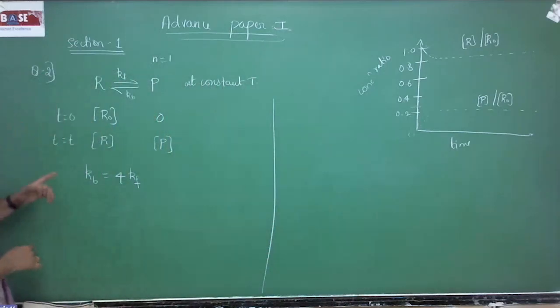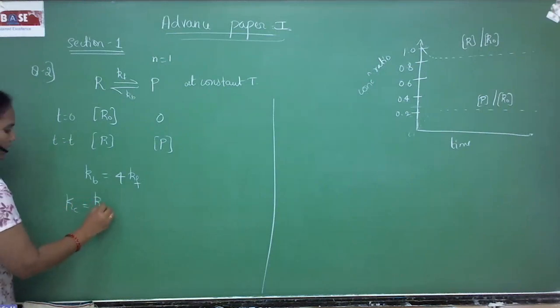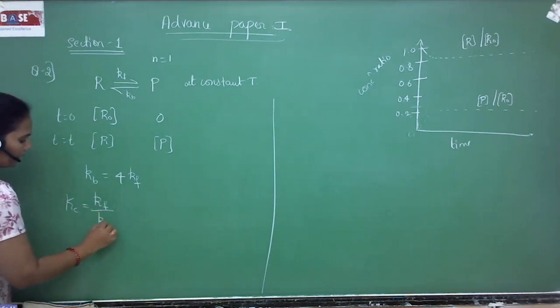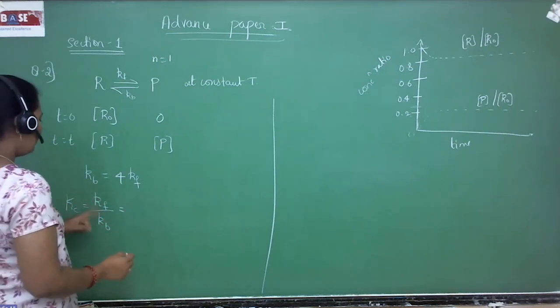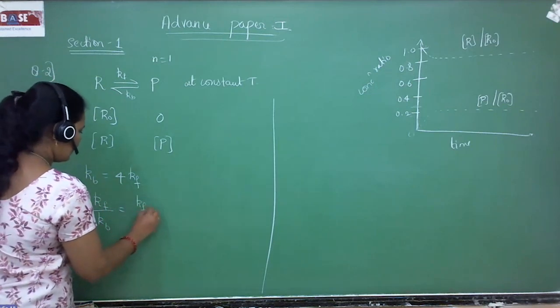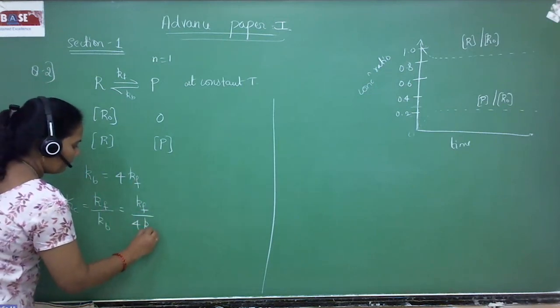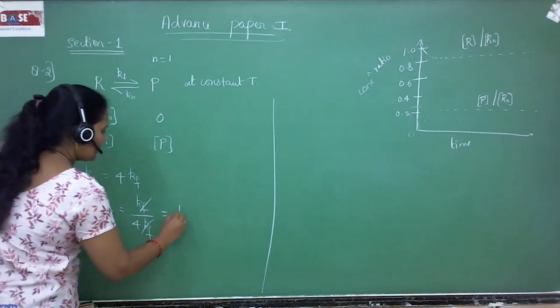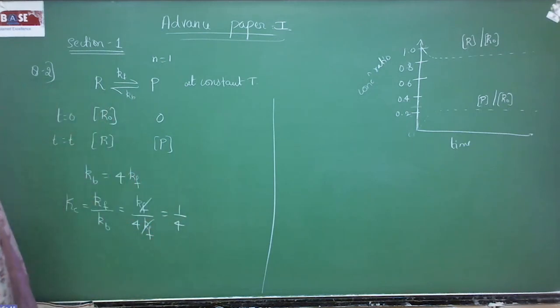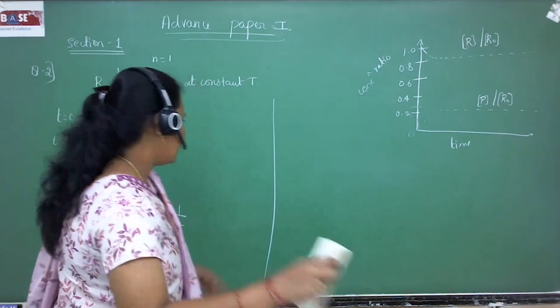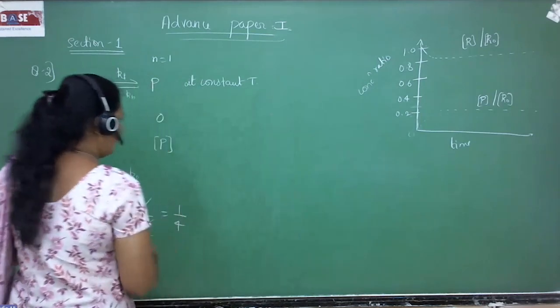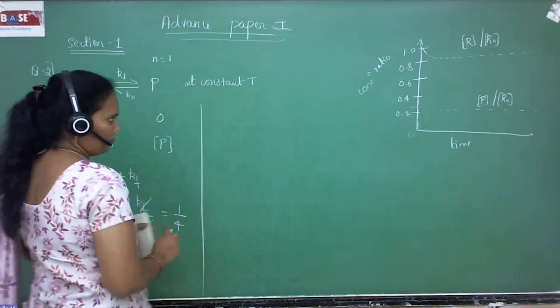Simple. Since it is a reversible reaction, we can find out the equilibrium constant Kc. What is the equilibrium constant Kc? Kc is equal to K forward by K backward. K backward will be equal to 4 times K forward. K forward gets cancelled, so we are going to get Kc is equal to 1 by 4, right? So we have Kc is equal to 1 by 4.